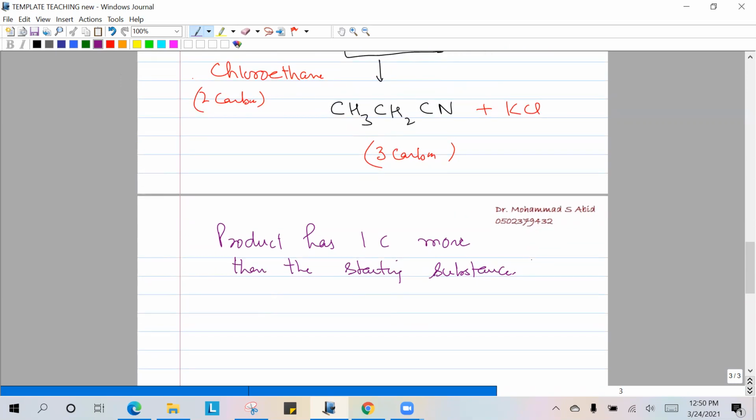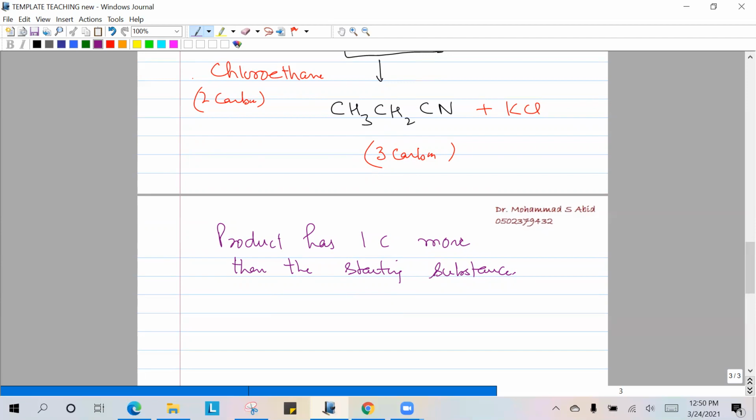Let us suppose in some reaction pathways, you are starting with 2 carbon atoms, but you have to end up with 3 carbon atoms. Let us say you are starting with chloroethane, but the examiner wants us to prepare propanol. So propanol will have 3 carbon atoms.